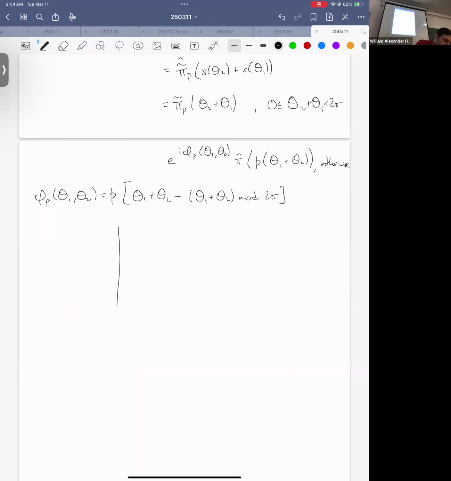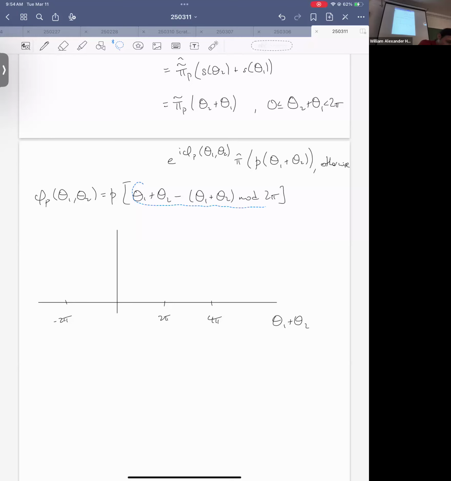In general, I have, say, the theta 1 plus theta 2, and say here is 2 pi, here's 4 pi, here's minus 2 pi, and say this is this quantity here.